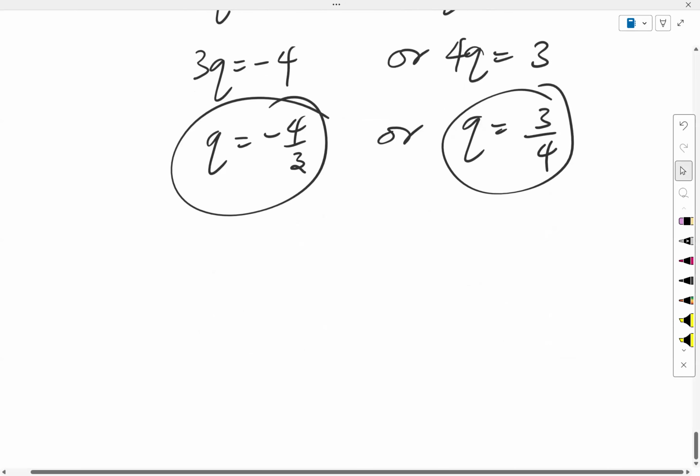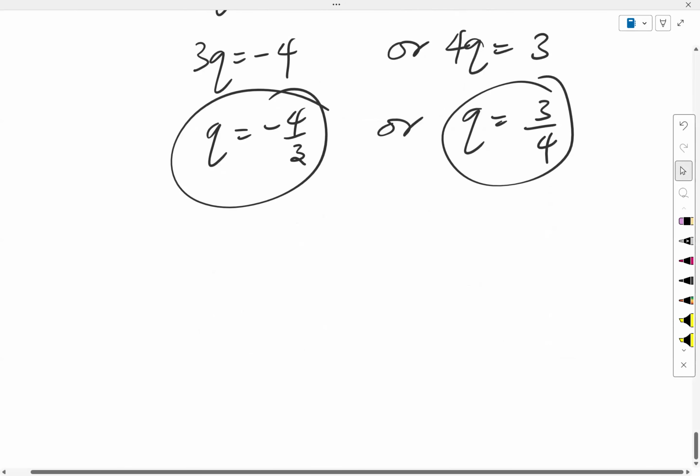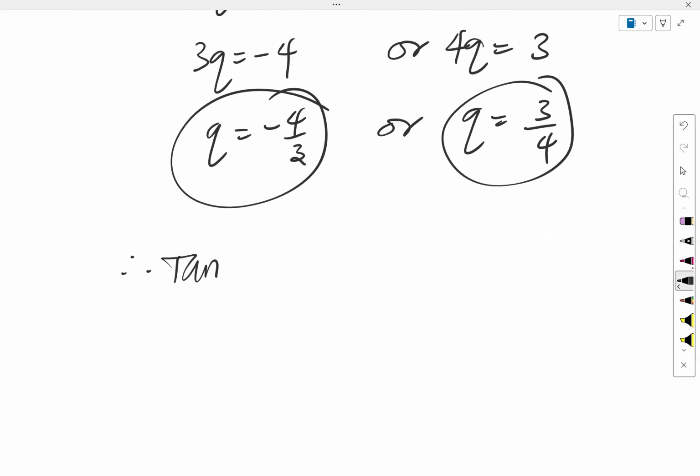So we have finally got our results. Therefore tan half theta, which we are looking for, is either minus 4 over 3, or 3 over 4.